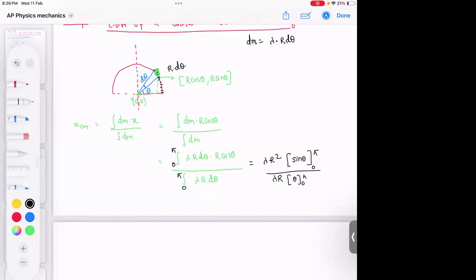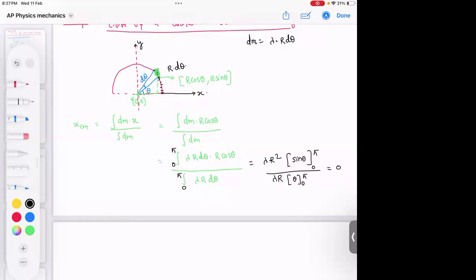So sin pi you will put, it is 0, minus sin 0, it is also 0. That means for this semicircular ring's center of mass, the x coordinate will come 0. That's why the center of mass will be along the y axis, this is the x axis. Clear?